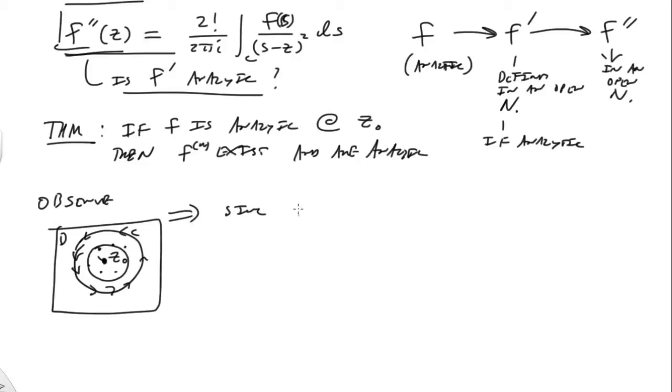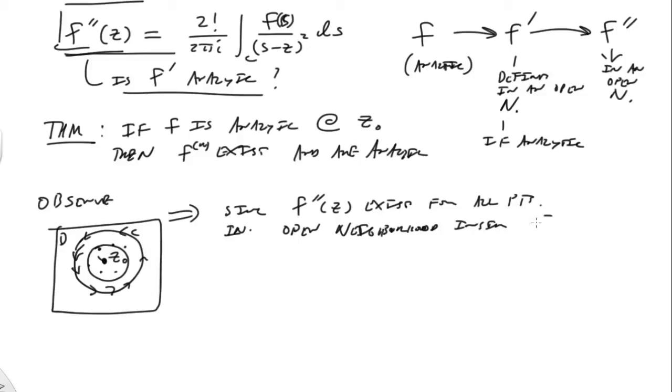Since f double prime of z exists for all points in an open neighborhood inside our contour C, that means that f prime is analytic. Because of course f prime is analytic when its derivative exists in an open neighborhood, which happens to be f double prime. And we can do this by induction.